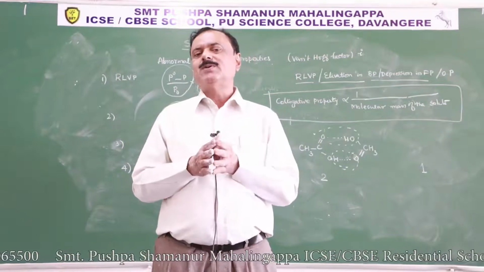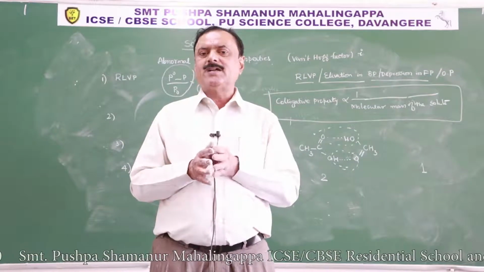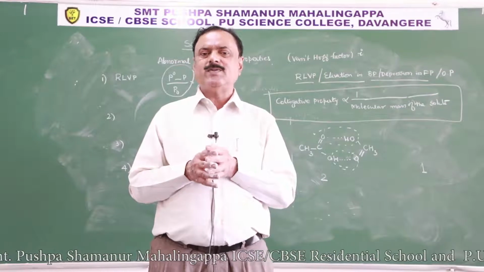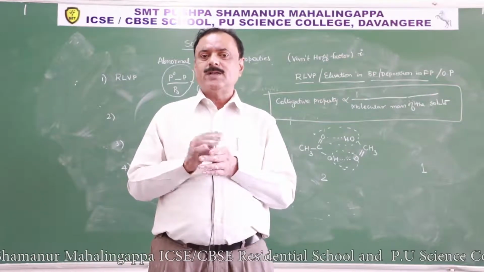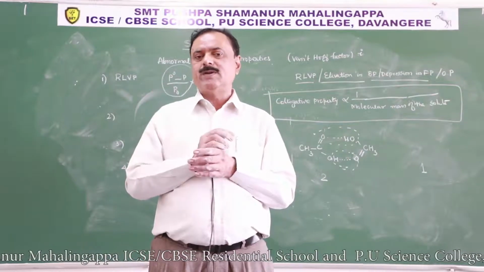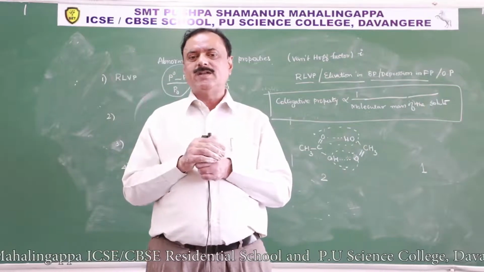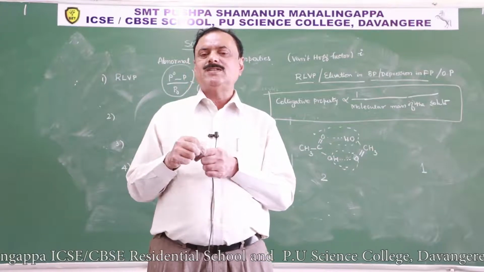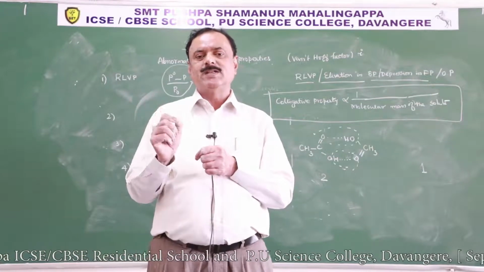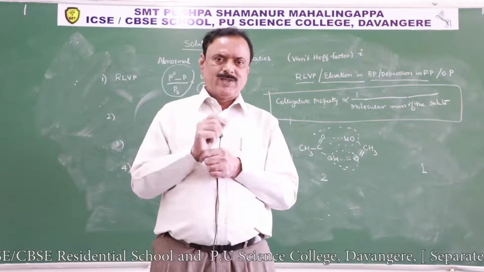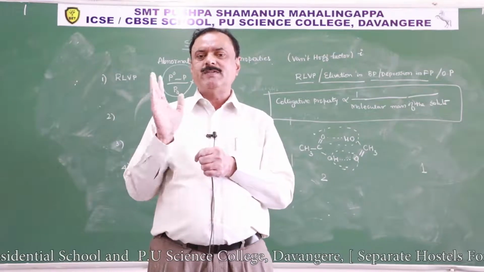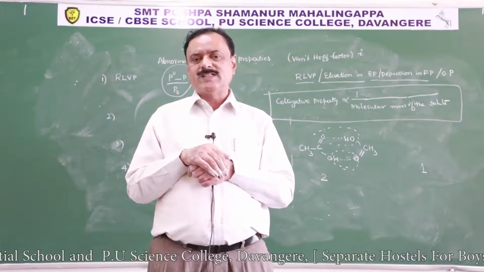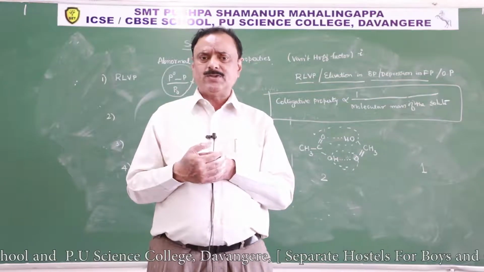In case of sodium chloride, the calculated molecular mass is 58.5. Since the van't Hoff factor is equal to 2, 58.5 divided by 2 is approximately 29.25. That is the molecular mass obtained by the colligative property method in case of sodium chloride. In case of potassium chloride, the molecular mass is divided by the number of charged particles present, that is 2.